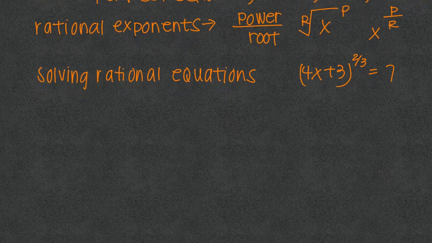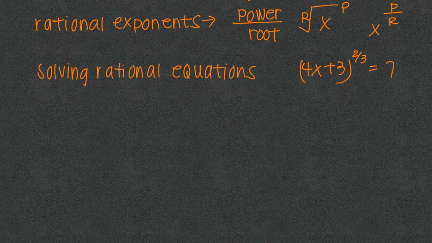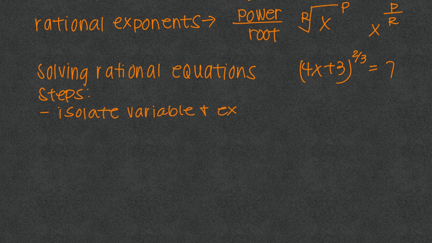But there were specific steps to how to solve these. Okay, so our steps were, we would isolate the variable and exponent. So what this means is like if there was a 3 out in front, I would get rid of that, okay?